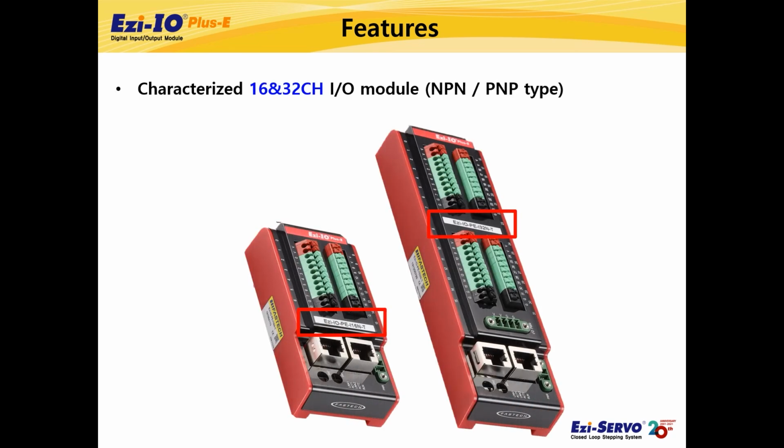As mentioned before, Ezi-IO Plus-E provides 16-channel products and 32-channel products. The 16-channel product has 16-channel input type and 16-channel output type, and the 32-channel product has 32-channel input type and 32-channel output type.